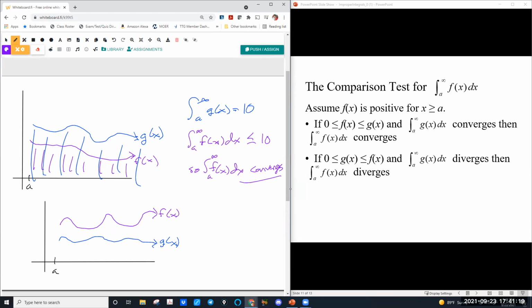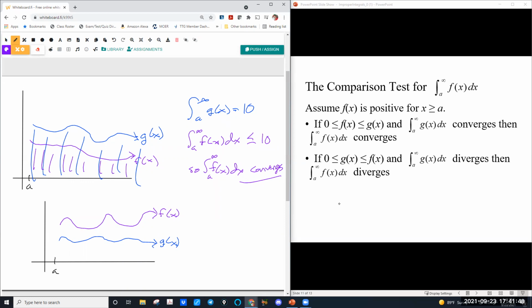This one's a little bit tougher because we wouldn't be using an actual number, but very similar to the one above, I can only use a divergent one to test for divergence. And I must show the one I'm testing is bigger than the one that I know. So that's the informal thinking about the comparison test.